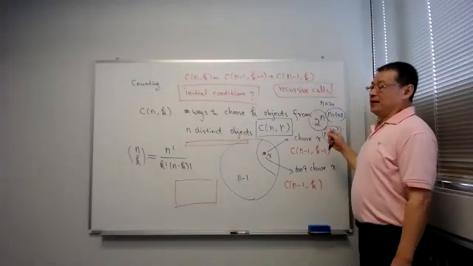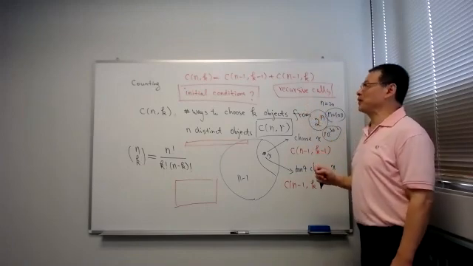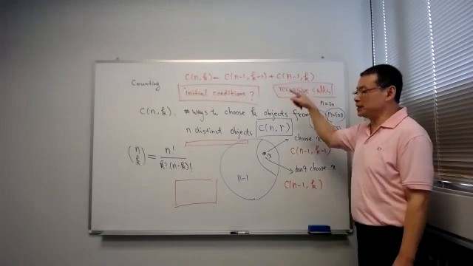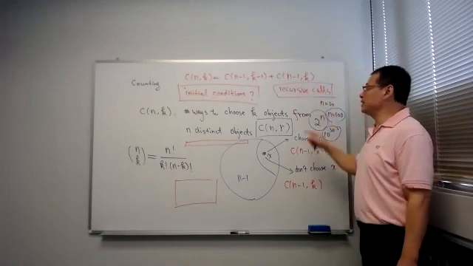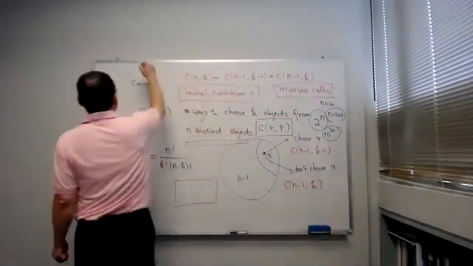However, this recurrence relation is still very, very useful because we can use it to compute this one in a clever way. Instead of recursive calls, we can use so-called dynamic programming.